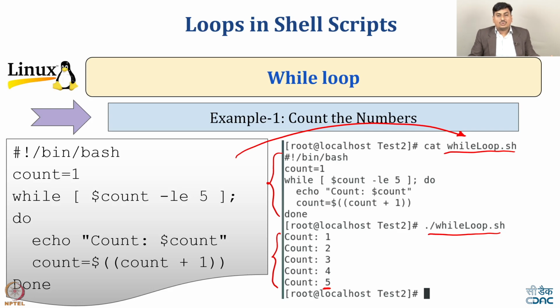But if you don't know how many iterations you may need for a condition to be met, or if you want to exit on the basis of some condition, in that case you can use the while loop. So there are different use cases, and on the basis of the use cases you can use the loop statements as per your requirement.